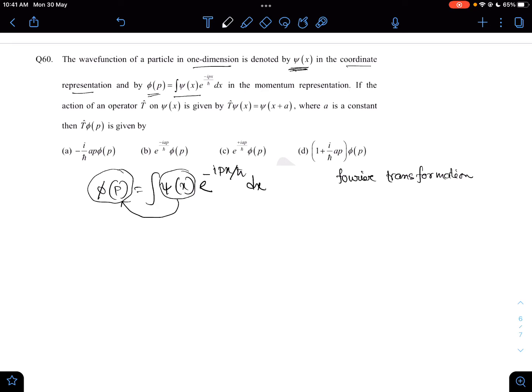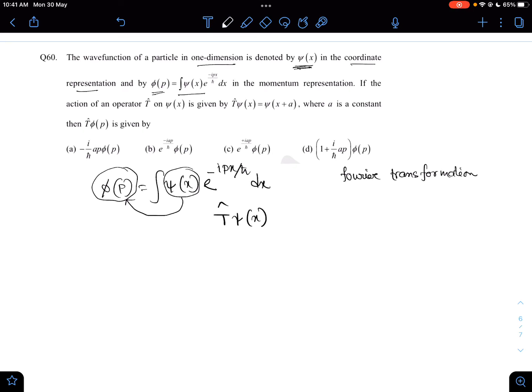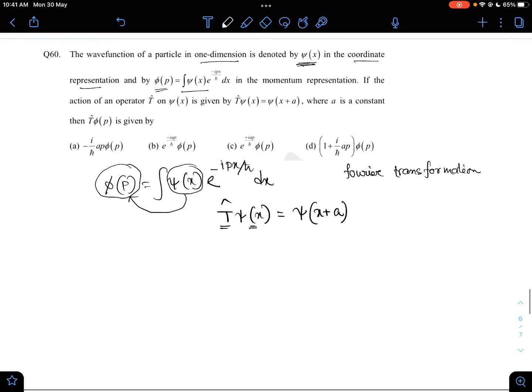Now we have the operator T, and if we apply the operator on psi x, it will just move the x to x plus a. So we have this action of the operator on psi x.